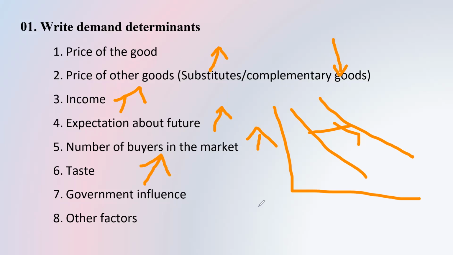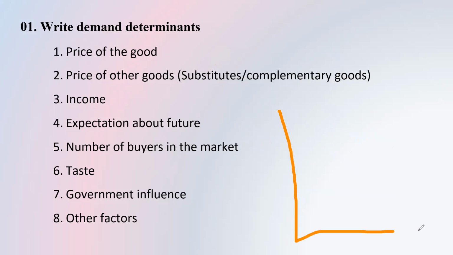All these factors shift the demand curve to the right hand side. Then when we consider the other way around, what are the factors that impact to decrease the demand curve?